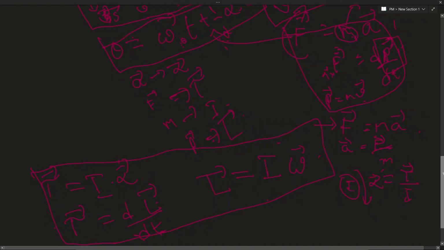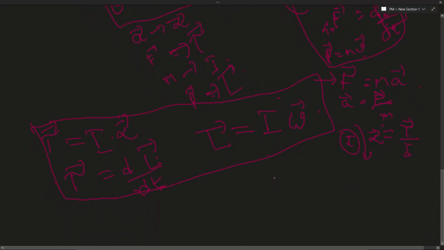So let us actually know about the terms given, the names given to these values tau, I and L. Tau is torque or moment of force.